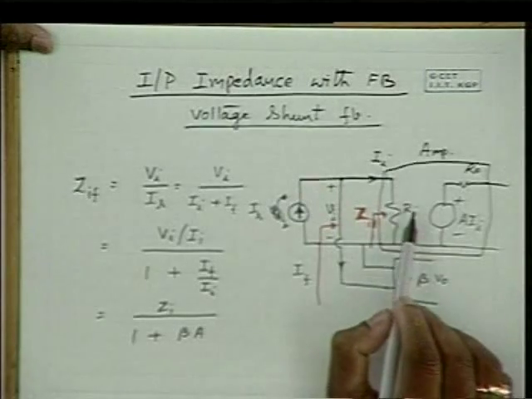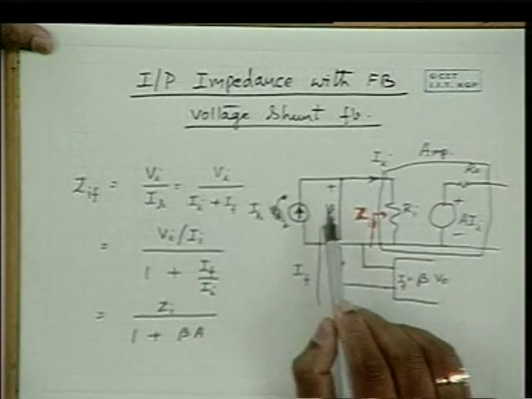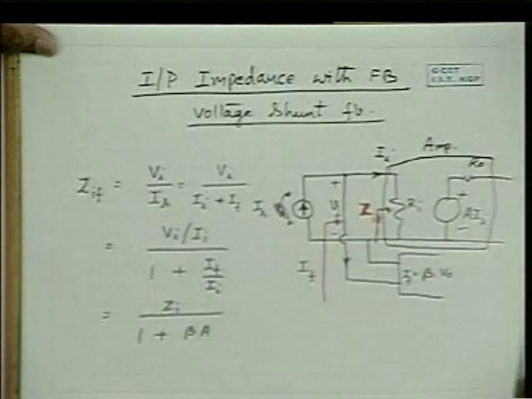And I repeat, input impedance is very important for matching with the source, as far as loading of the source is concerned. From both the power transfer and the loading points of view, input impedance is very important.